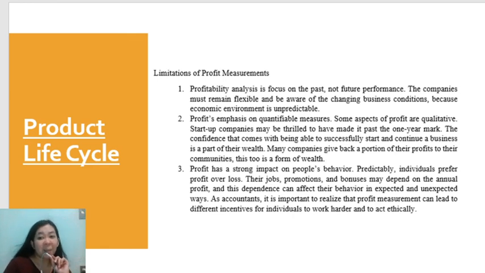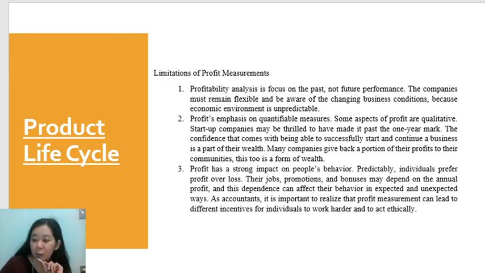Number three, profit has a strong impact on people's behavior. Okay, so predictably, individuals prefer profit over loss. Okay, that is obvious. Their jobs, promotions, and bonuses may depend on the annual profit. And this dependence also can affect their behavior in expected and unexpected ways. So, as accountants, it is important for us to realize that profit measurement can lead to different incentives for individuals to work harder or to act ethically.